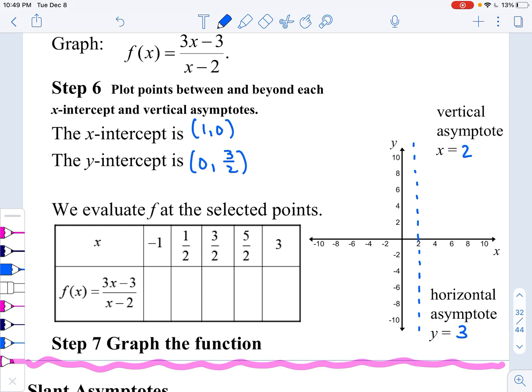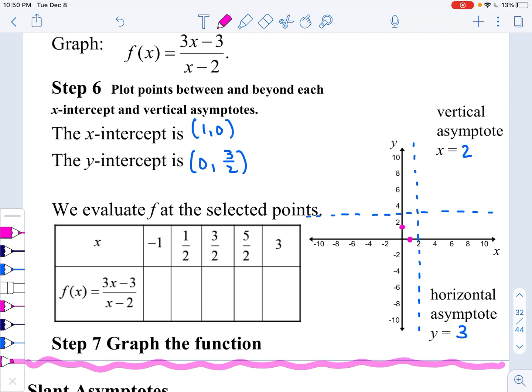We have a horizontal asymptote at 3. We have an x-intercept at 1, 0. We have a y-intercept at 0, 1.5, so about here.